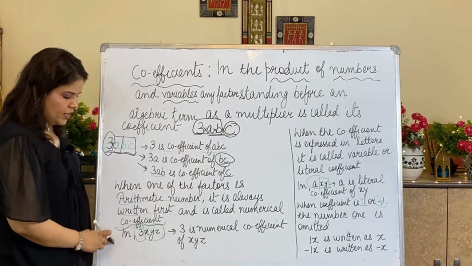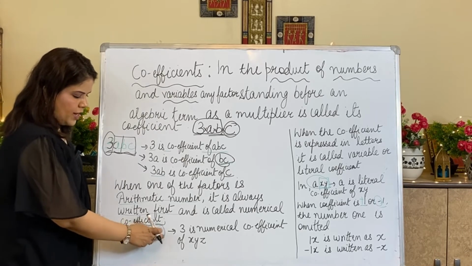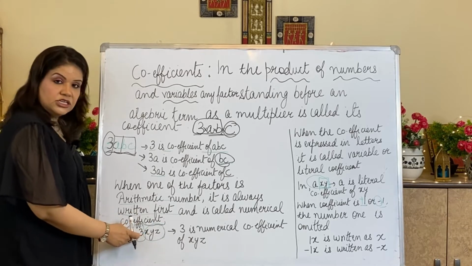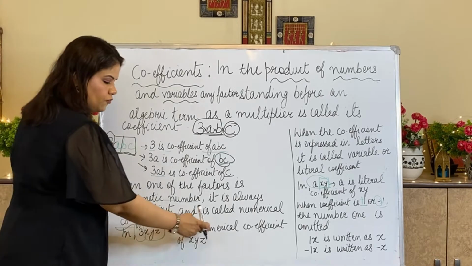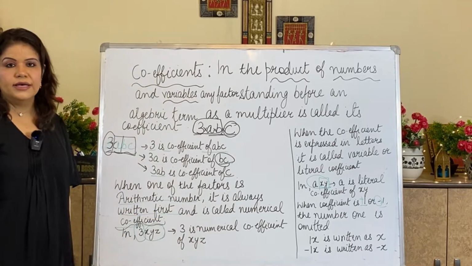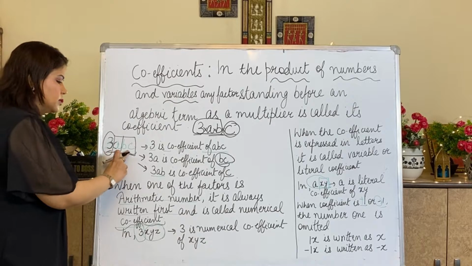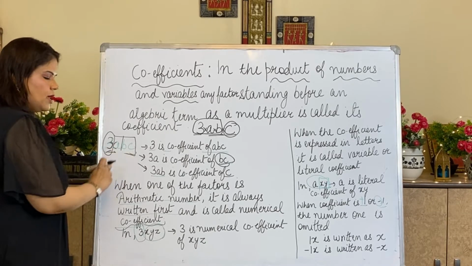I am taking one more example. In 3xyz, 3 is coming first and it is the numerical coefficient of xyz. If this is a numerical coefficient, then what is the name for abc?